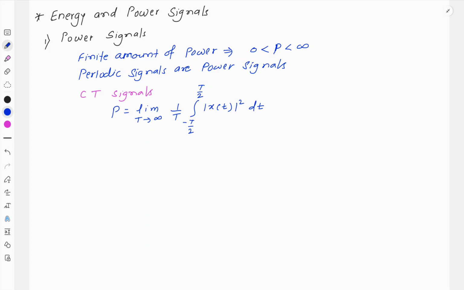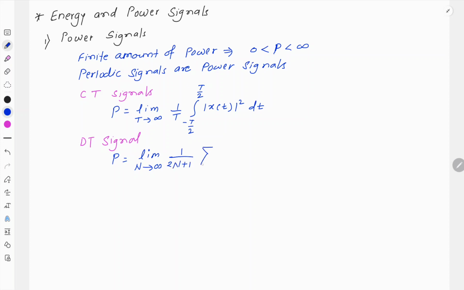Similarly, the equation for power with DT signal is given as P equal to limit N tends to infinity, 1 upon 2N plus 1.